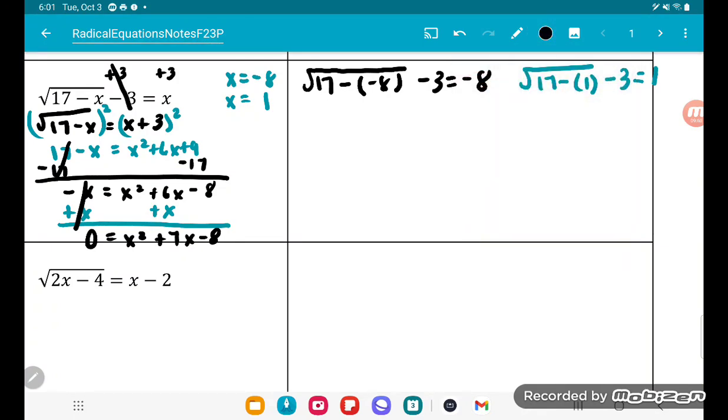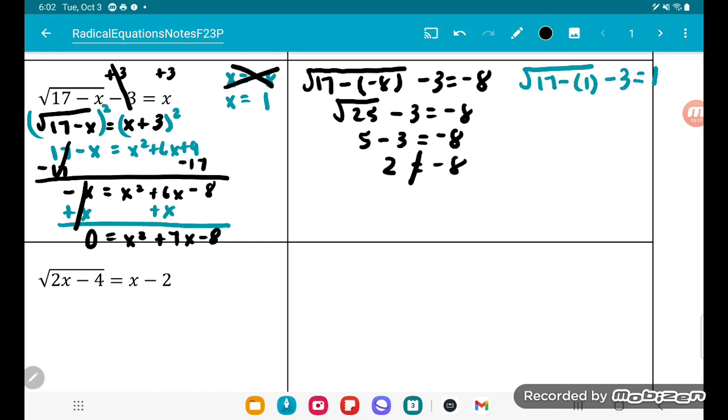Now, 17 minus a negative 8 is a positive 25. So the square root of 25 is 5. 5 minus 3, does it equal negative 8? No. 5 minus 3 is 2. So we know negative 8 is not a solution to solve this equation.